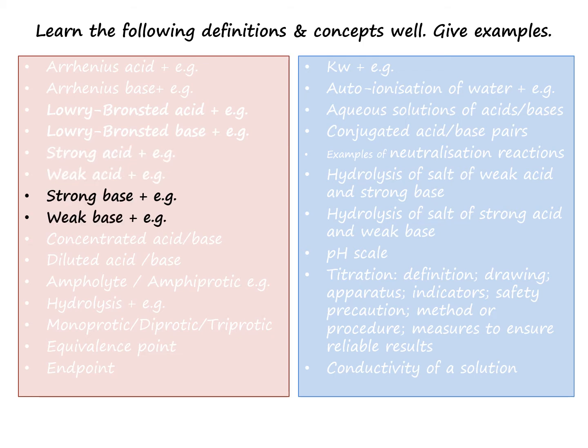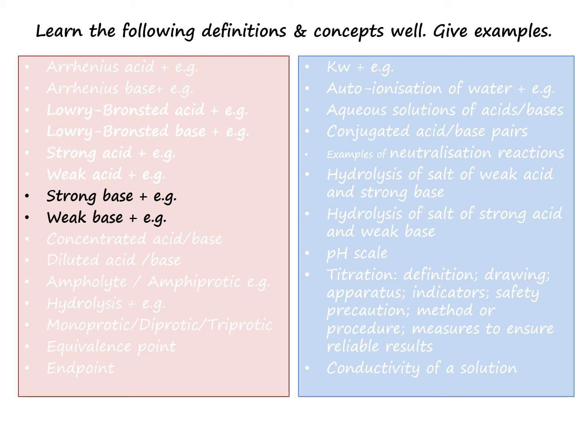A strong base dissociates completely in water to form a high concentration of OH− or hydroxide ions. Examples of strong bases are sodium hydroxide, NaOH, and potassium hydroxide, KOH.